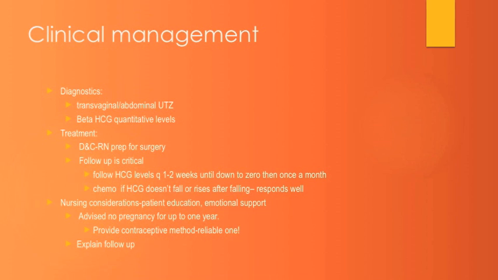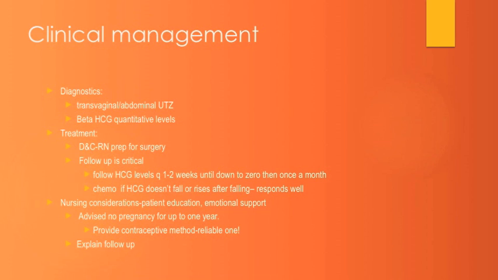Other nursing considerations include patient education and emotional support. This patient is advised not to become pregnant for at least 1 year. The rationale behind this is when a pregnancy occurs, the HCG rises.